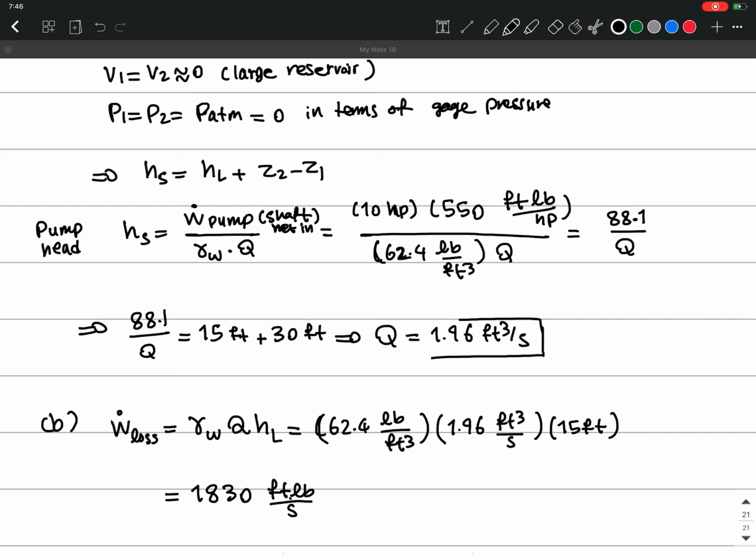And then if we want to convert this to horsepower, we can just use the conversion formula. 1 horsepower is 550 foot-pound per second. So we have a second here too.